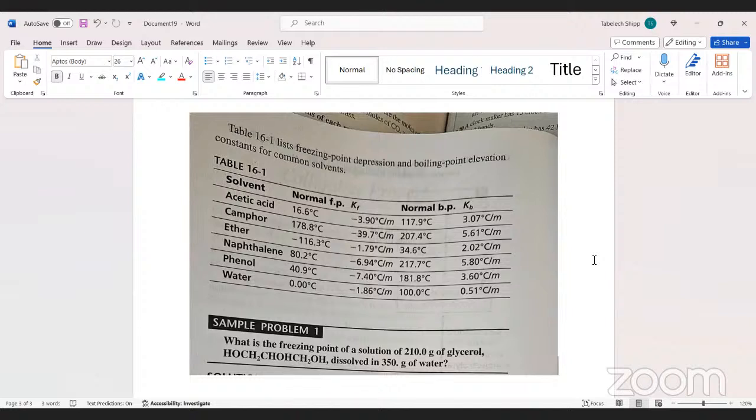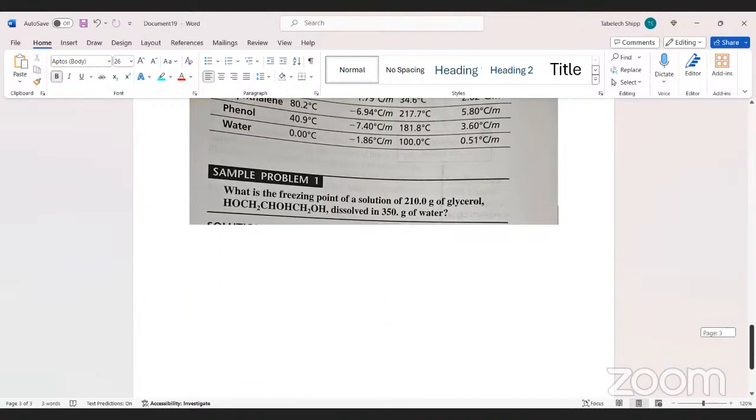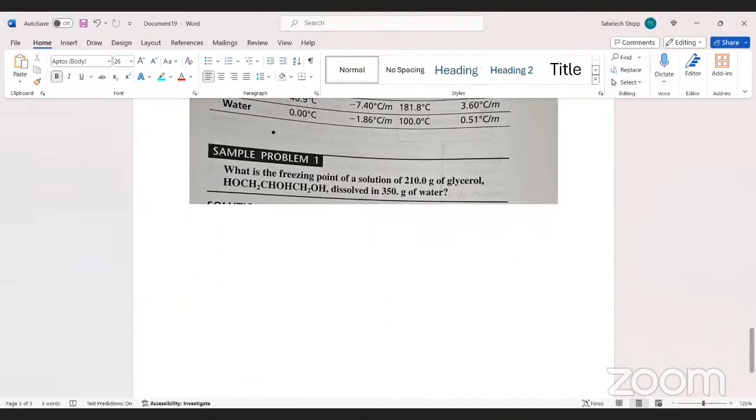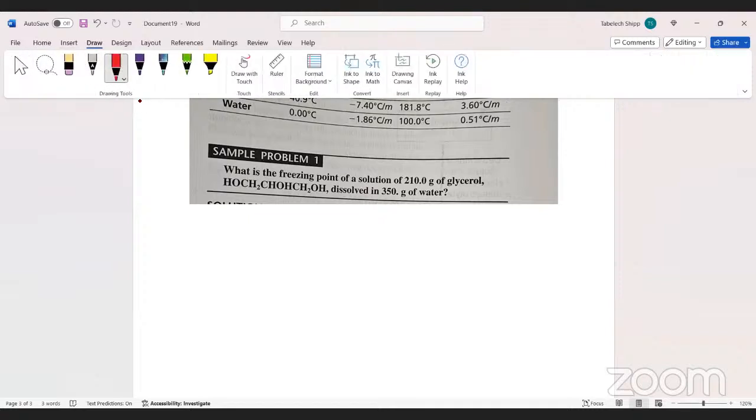The units are not always the same either. Molarity is moles per liter, but molality is moles per kilogram. So the moles of the solute divided by the kilograms of the solvent. So let me go ahead and put that up here so you all can see it.